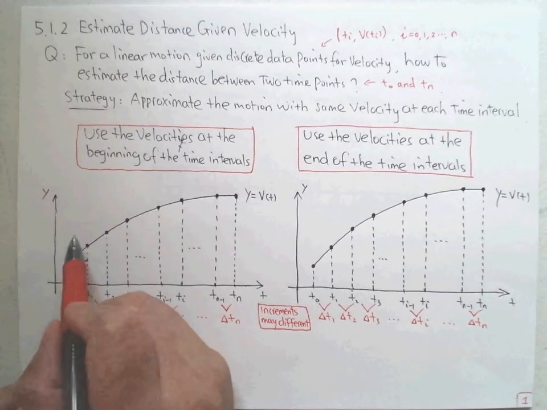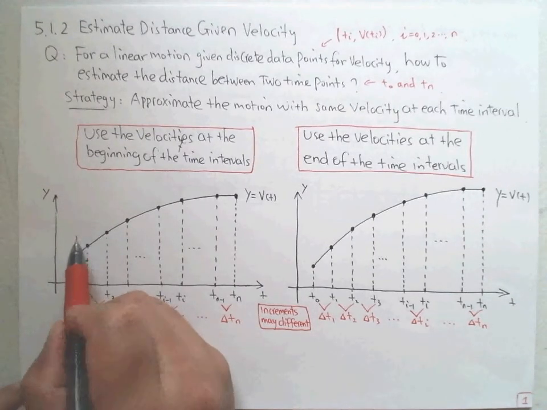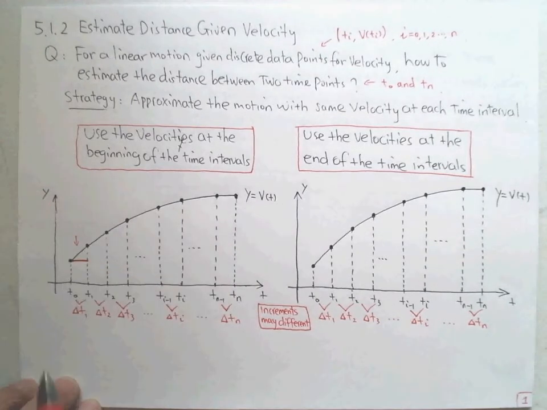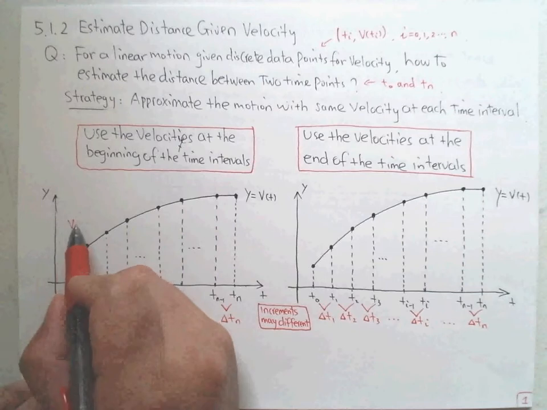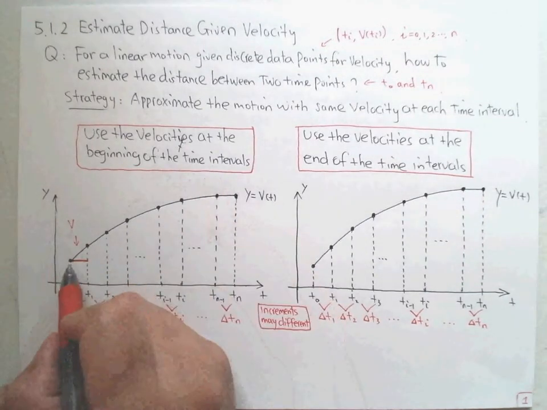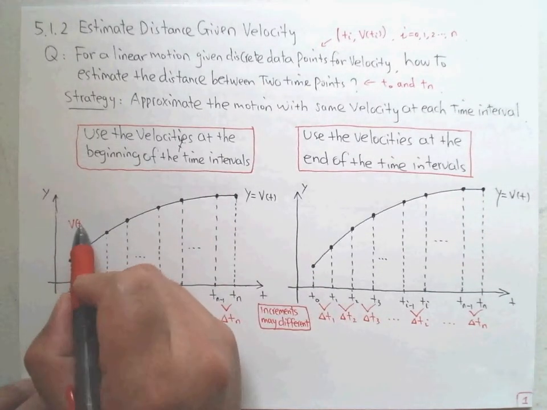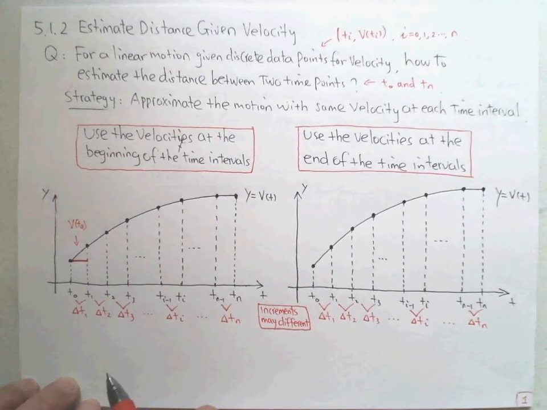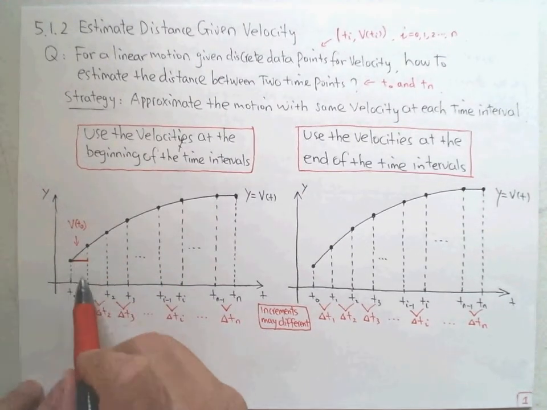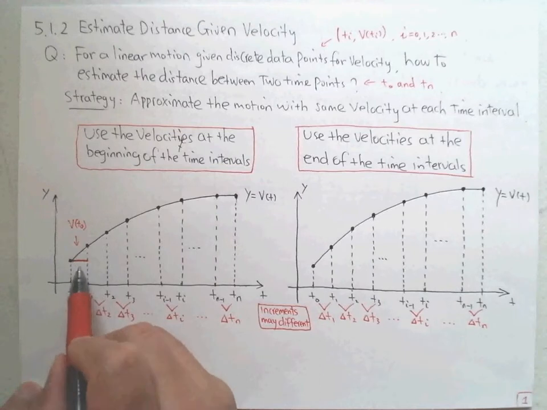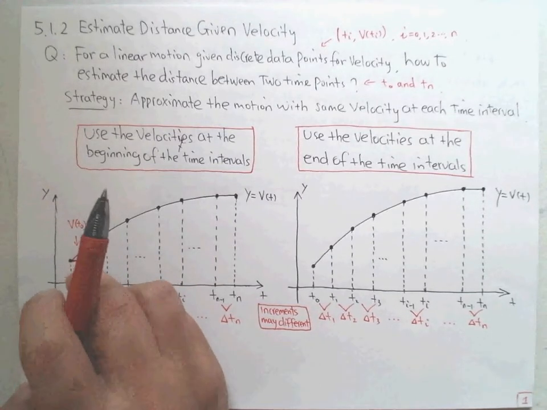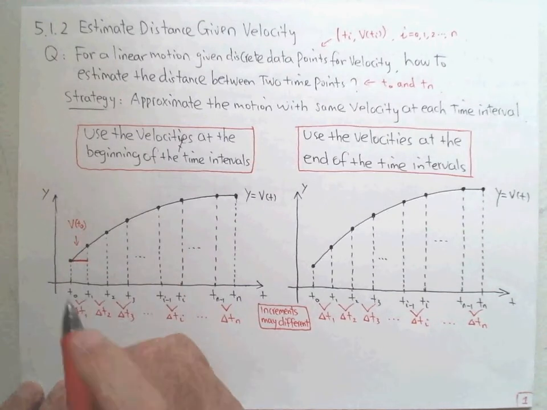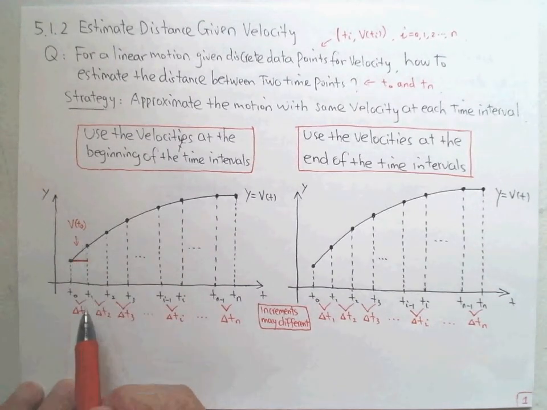In this time period, the stable velocity is v at the left endpoint, the beginning, which is t0. For the first small interval, we can approximate the distance using the speed times the time increment delta t1.